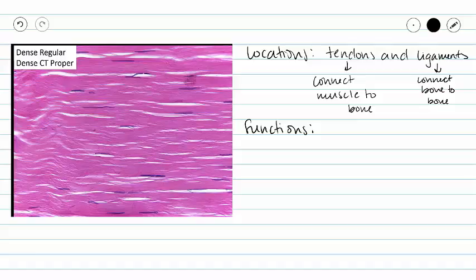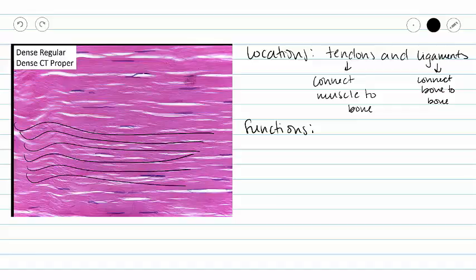The function is going to be found in looking at the function of our collagen fibers. They provide strength in the direction of orientation. All of our collagen fibers are oriented in the same direction, and that is why we call it dense regular CT proper. They're all pointing the same way.